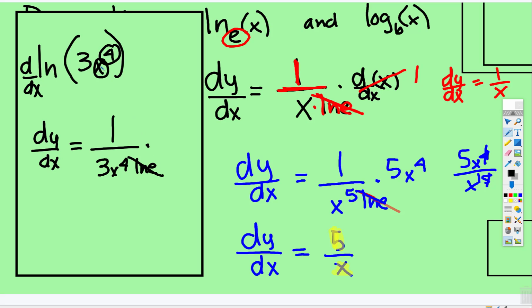And the derivative of 3x to the 4th is 12x to the 3rd. And then look at what we have. Whoops. dy dx, not 3. 12 divided by 3 is 4.